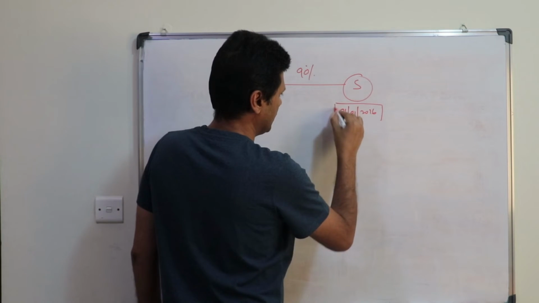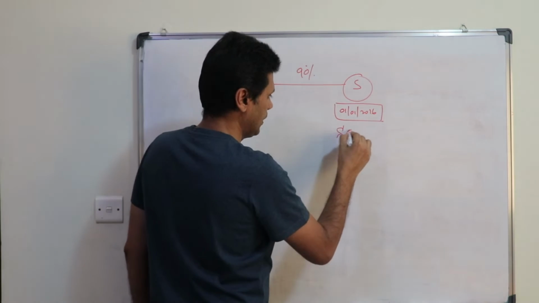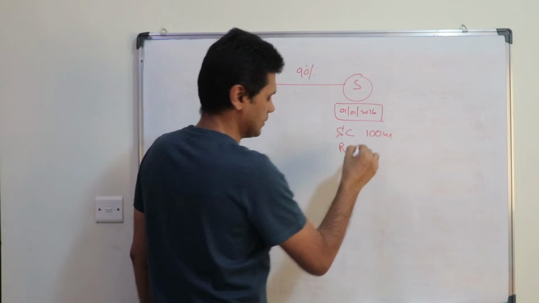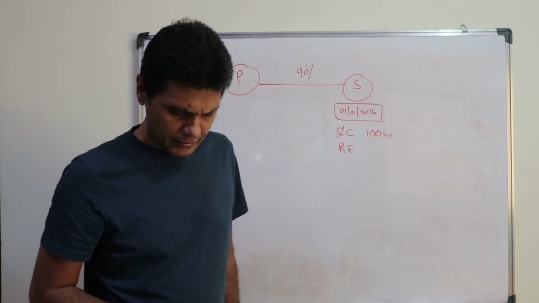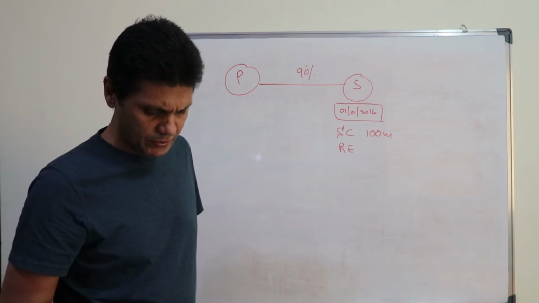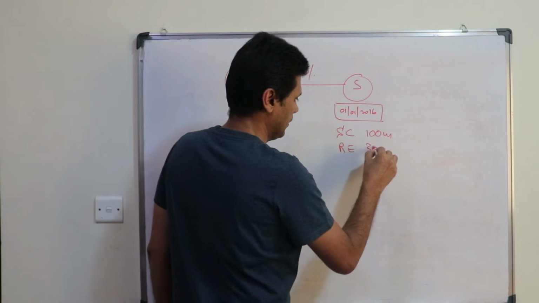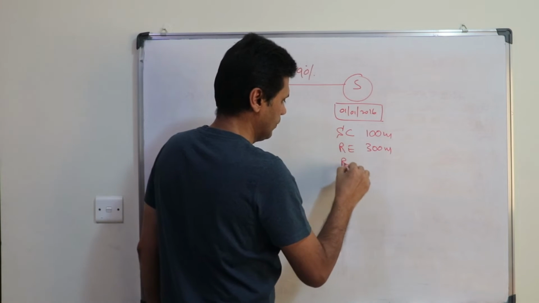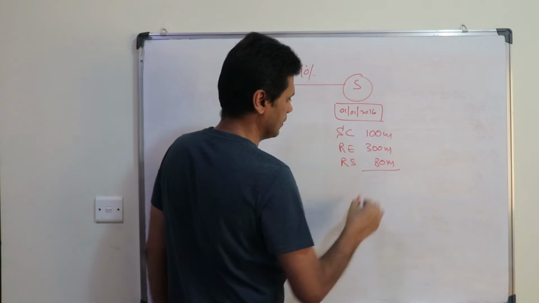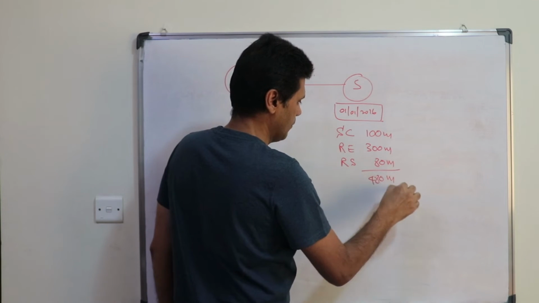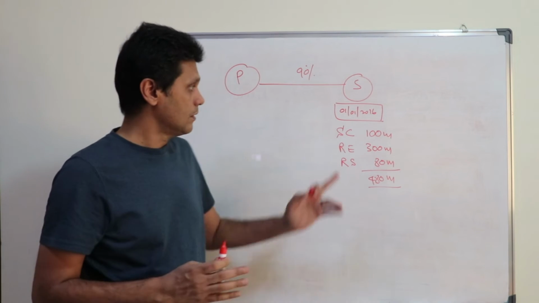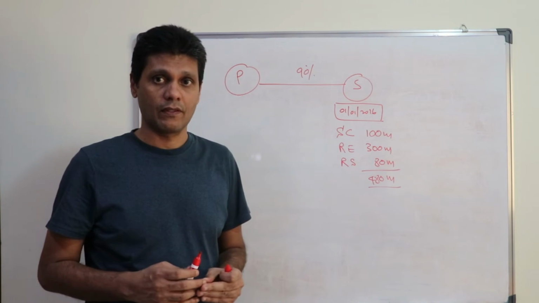At the time of acquisition, the share capital was 100 million, the retained earnings were 300 million, and the revaluation surplus, or revaluation reserve, was 80 million. The total net assets at the time of acquisition were 480 million. So this was at acquisition.